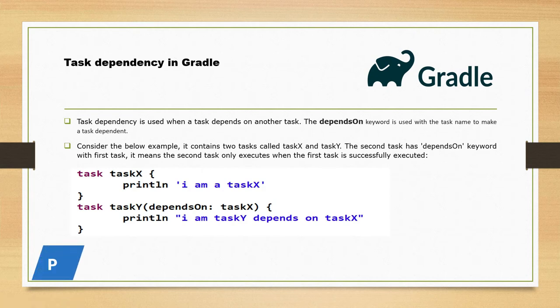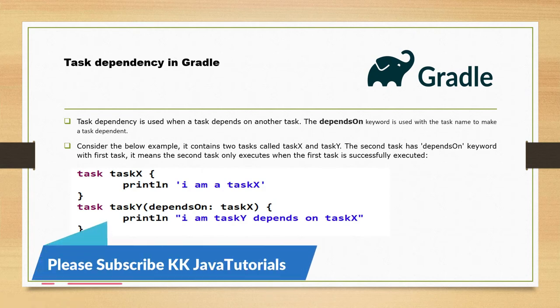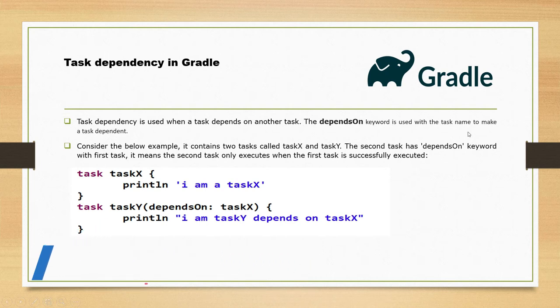Now we'll talk about task dependency in Gradle, right? Task dependency is used when a task depends on another task. The dependsOn keyword is used with the task name to make a task dependent. So here in this example you can see we have two tasks called taskX and taskY.